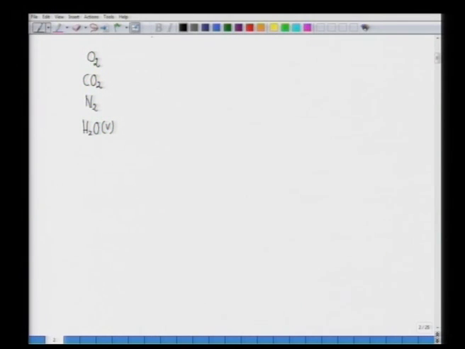So, the kg moles as given to us, we can find out by multiplying: 0.034 for oxygen, 0.05832 kg mole for CO2, then nitrogen is 0.3694 kg mole, and H2O vapor is 0.0243.